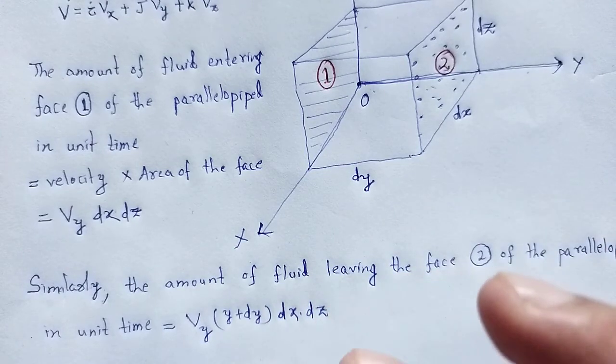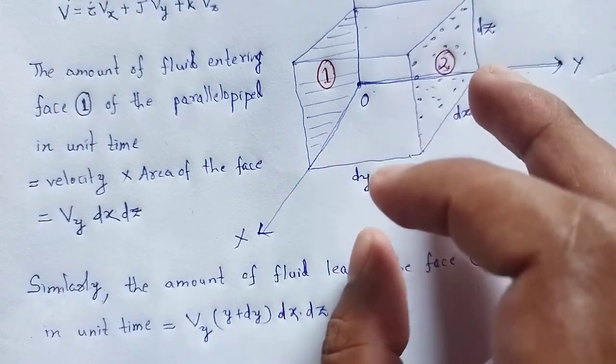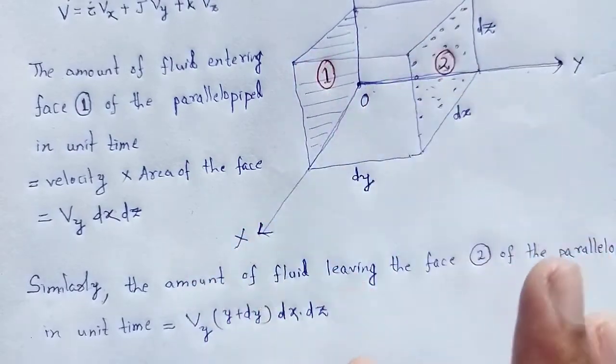Now what should be the net amount of fluid that flows through the parallelepiped?